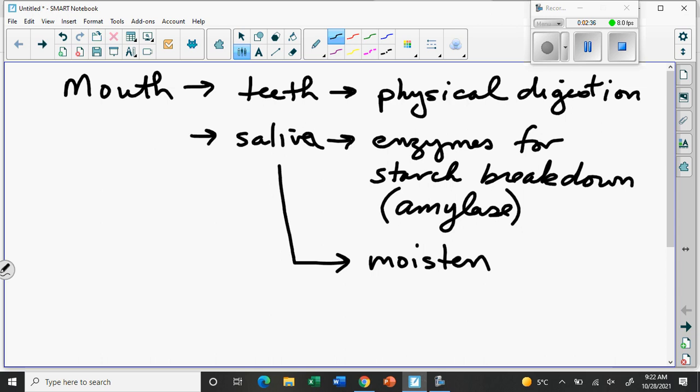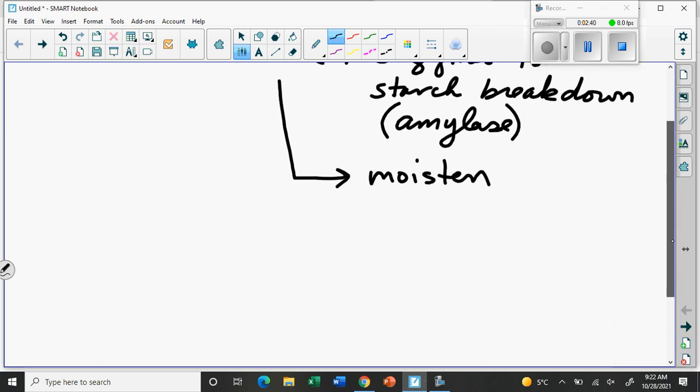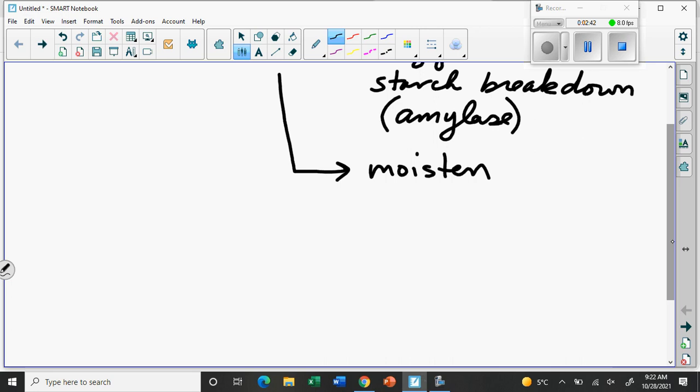Okay? All right. So we have this chunk of food after the mouth. After it's been all moistened and filled with saliva, we have a name for it, believe it or not. The chunk of stuff that you swallow is called a bolus of food.